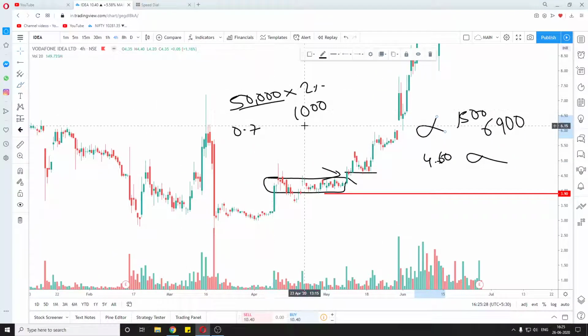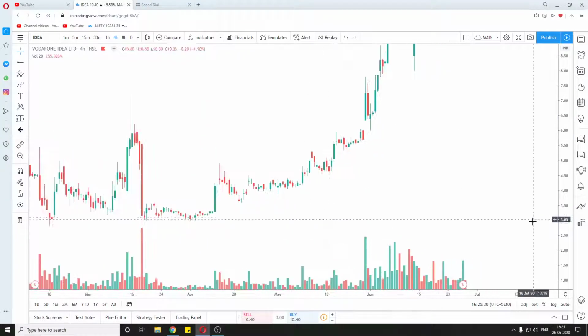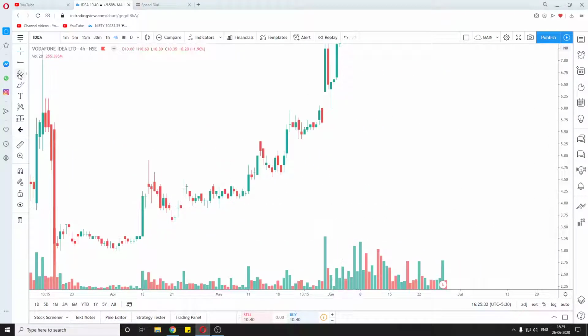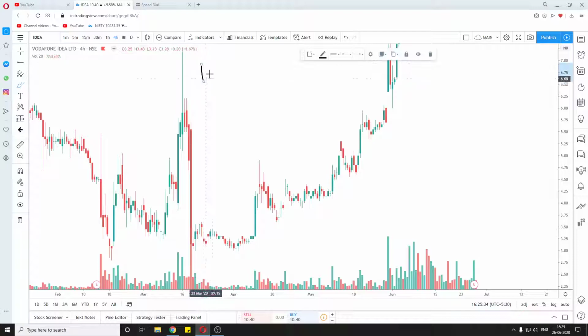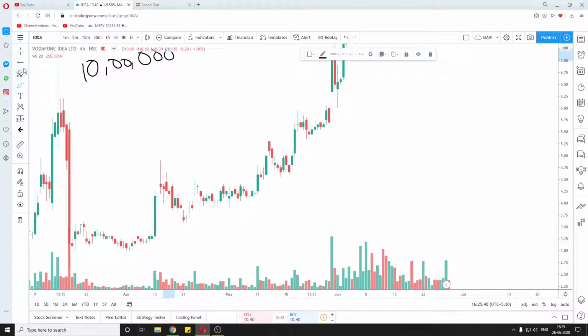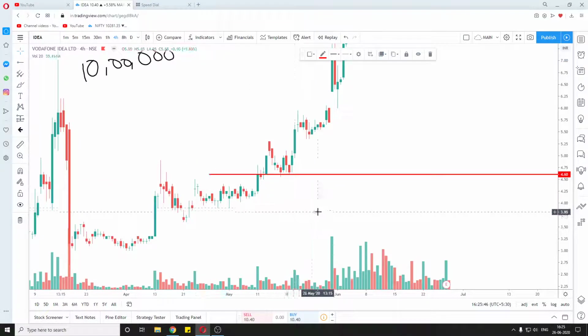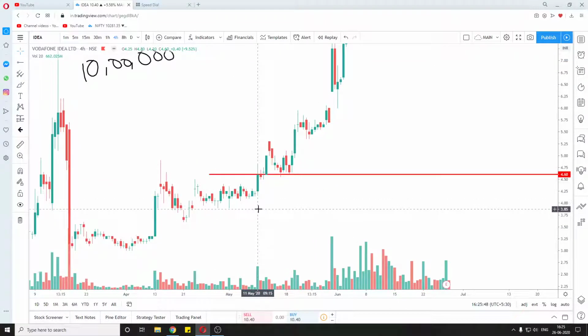Now let's say in the same trade a person has 10 lakh rupees capital, and he is going to buy at the closing of this candle, 460. The lower level is 390.